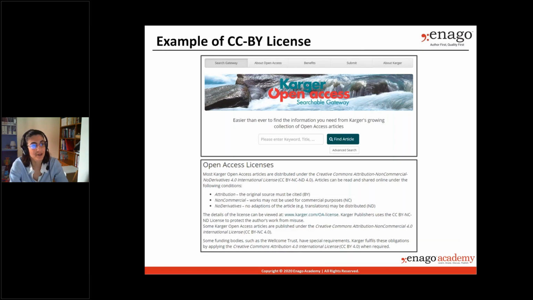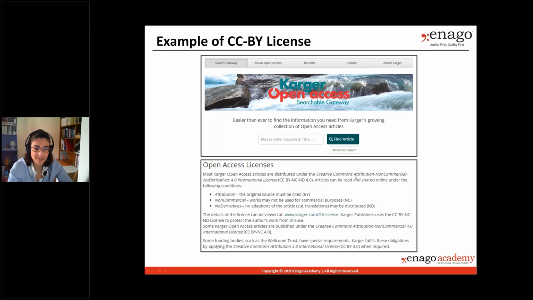Examples would include the Karger Open Access Searchable Gateway, which is a CC BY license, as we saw in the previous slide. So in this case, you can use this information for non-commercial, as it's indicated, no derivatives international license with attribution.